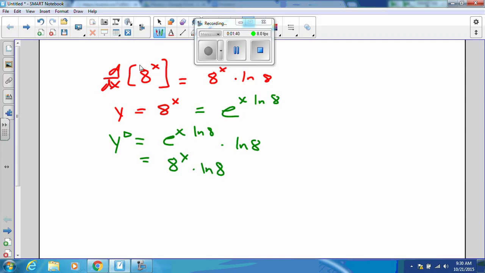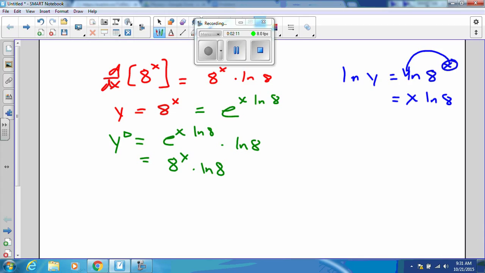Because I tried to take the ln of both sides because I knew you can do that. And I ended up with just ln 8 and not 8 to the x. Yeah. Let's skip ahead to Friday and pretend that we know something about logs. If we know something about logs, then we can take the natural log of both sides and use log properties to rewrite this as x ln 8.